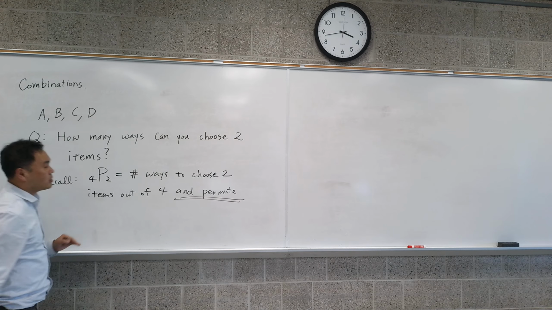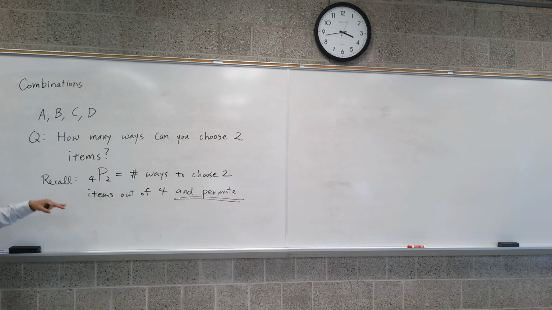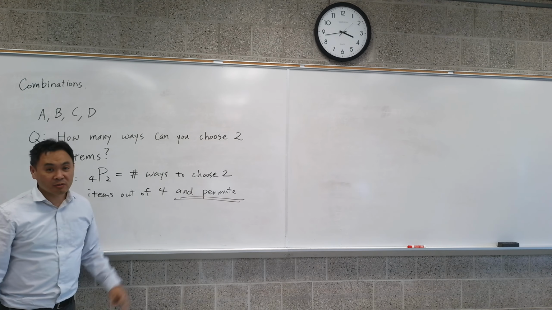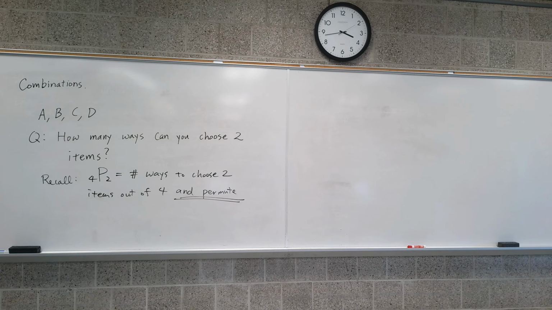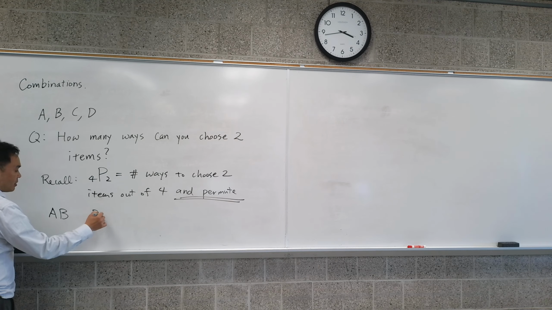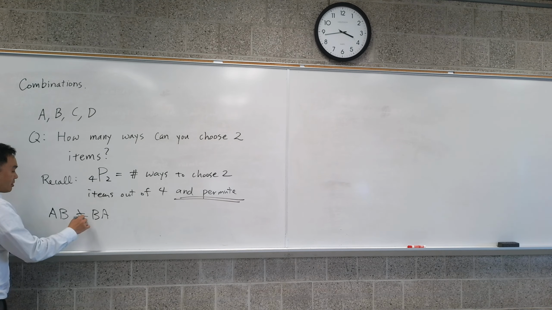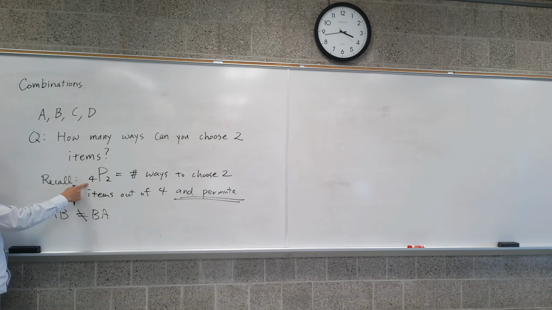Okay. So these two look very similar, but the one that we did had this idea of permuting. So in other words, when you chose A, B, whether the order was A, B, or B, A, are treated as different in this question, okay?